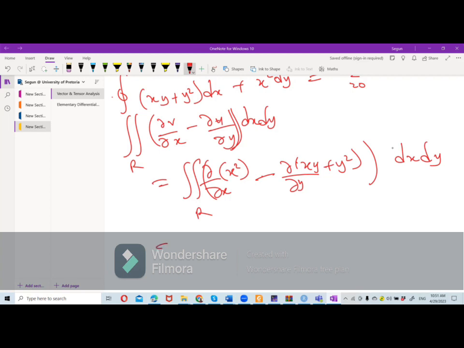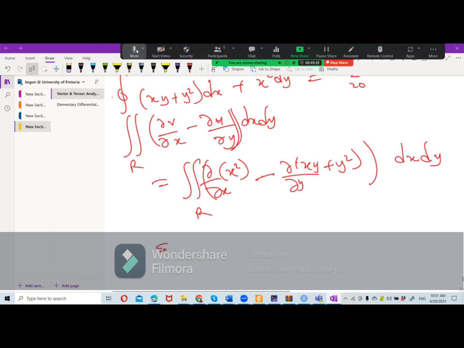I can integrate this one. What do I get? Can somebody integrate this partially?